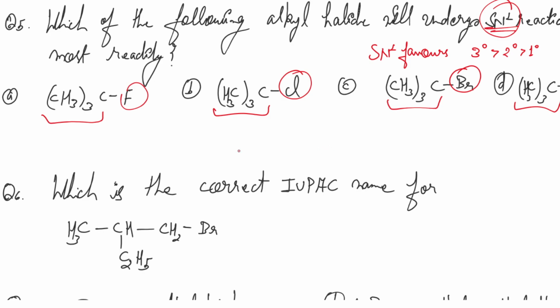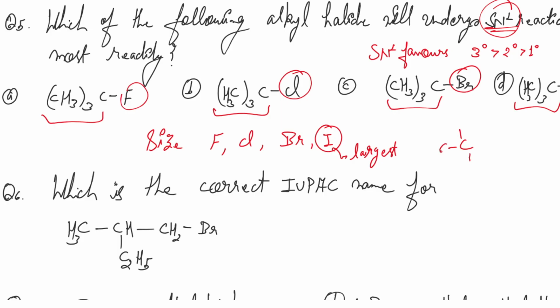You just need to compare the size of these halogen atoms. If you compare fluorine, chlorine, bromine, and iodine, iodine is the largest in size. This carbon is holding three methyl groups, and a bulky iodine is present.